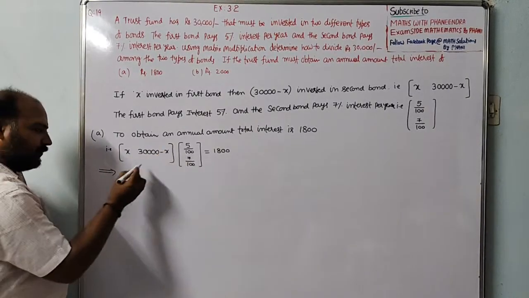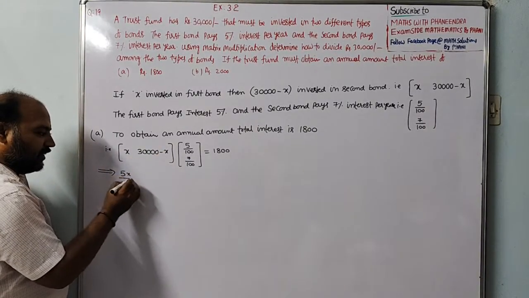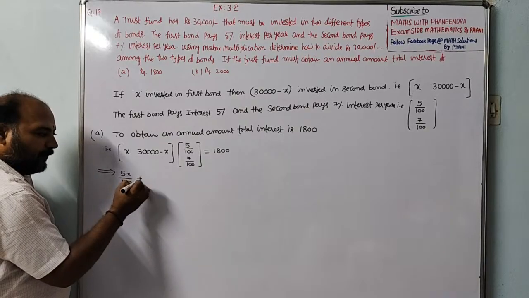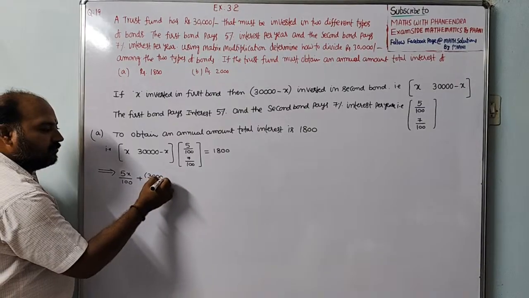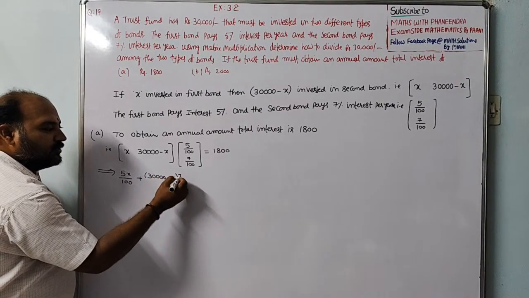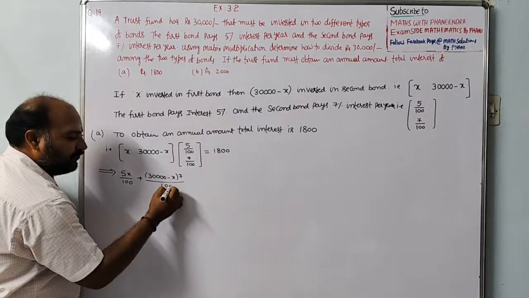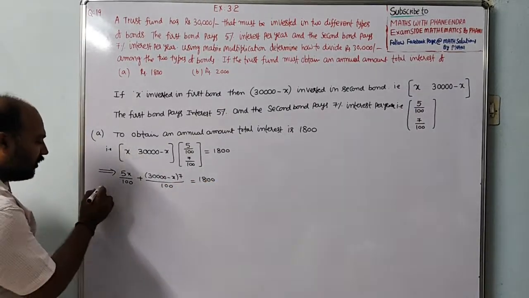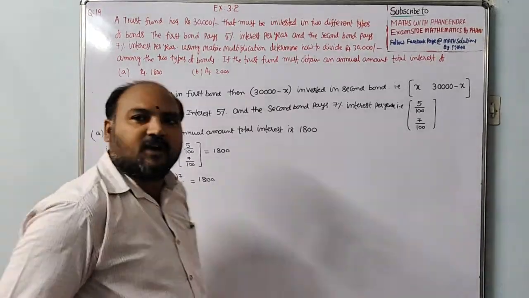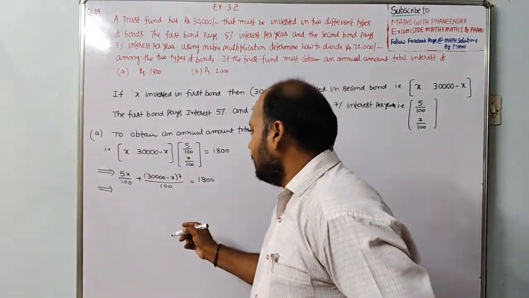So by matrix multiplication, X into 5, that means 5x divided by 100, plus 30,000 minus X into 7 by 100 is equal to 1800. Am I right? That implies that if I come this side, then it will be clear, I think.